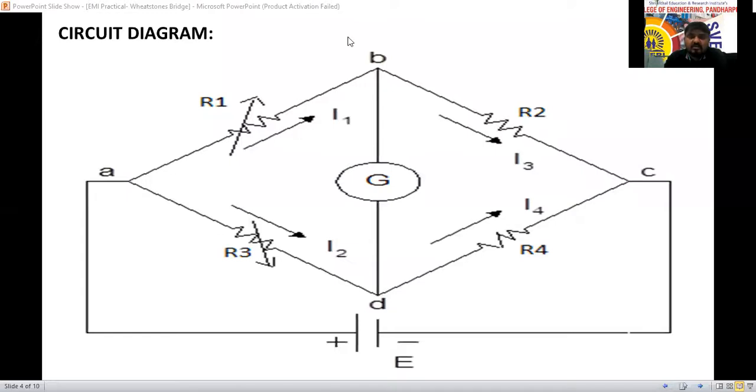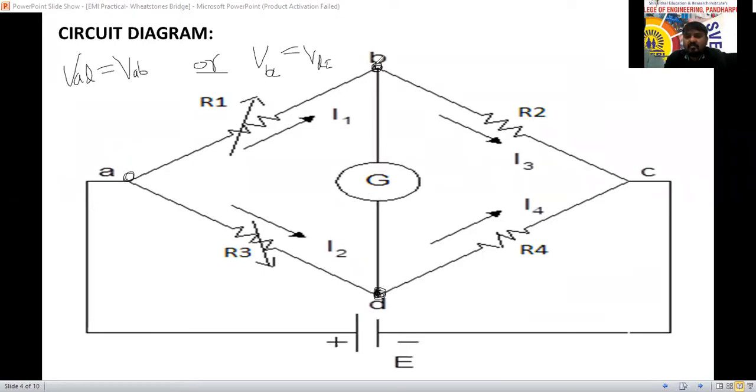The balanced condition means the potential difference at this point should equal that from D to A. This is the main point where the galvanometer is connected, between B and D. So the bridge will be balanced if VAB equals VAD. And for the other two terminals, B to C and C to D, if the potential drop VBC is equal to VDC, then also we can say that the bridge is under balanced condition.